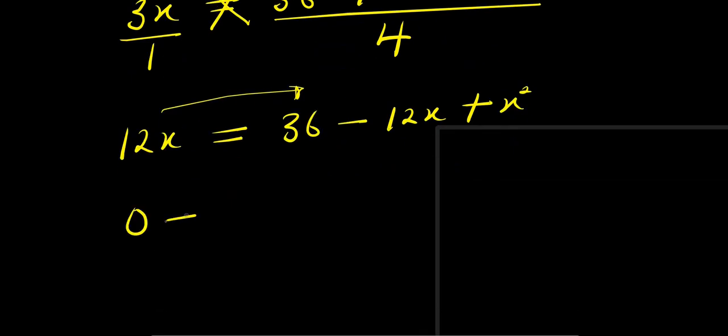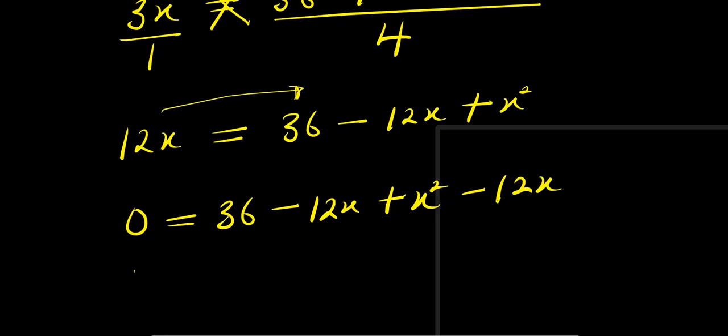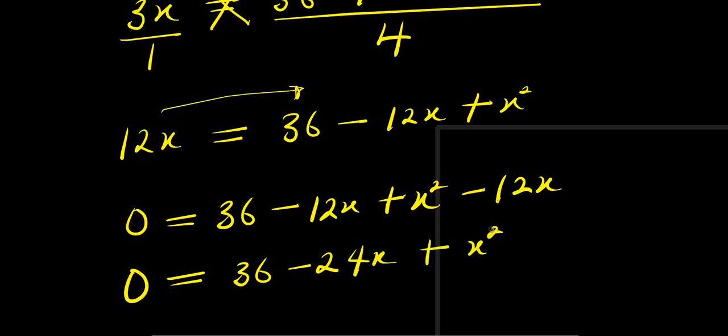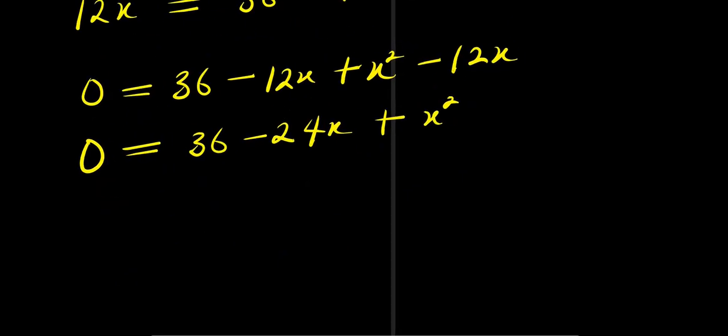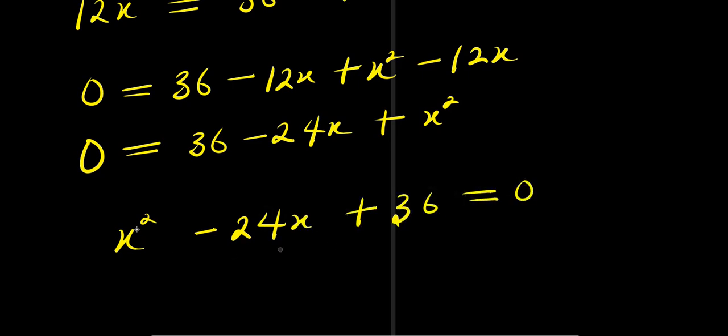We have 0 equals 36 minus 12x plus x squared minus 12x. This is 0 equals 36 minus 24x plus x squared. So let's rearrange. We have x squared minus 24x plus 36 equals 0.